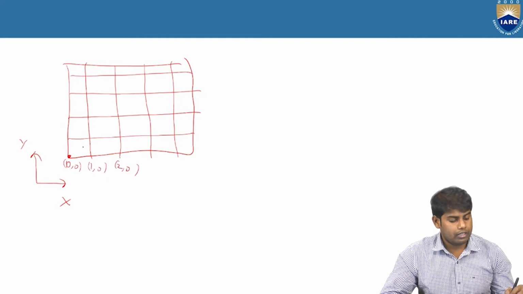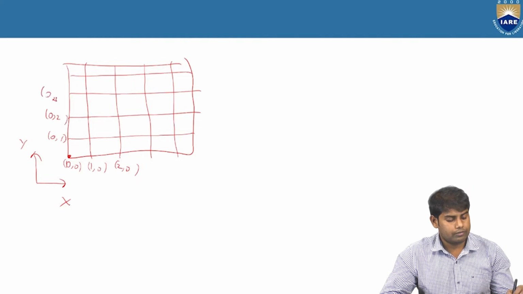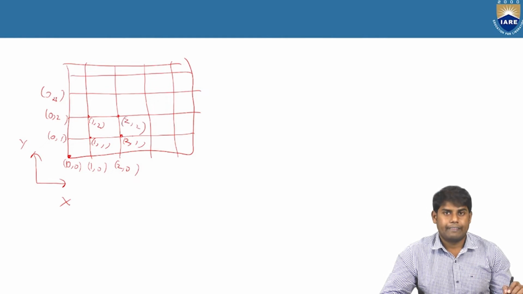Similarly, 0 comma 1, 0 comma 2 and 0 comma 3. Then this point would be 1 comma 1, and here 1 comma 2. This will be 2 comma 1, and this would be 2 comma 2.